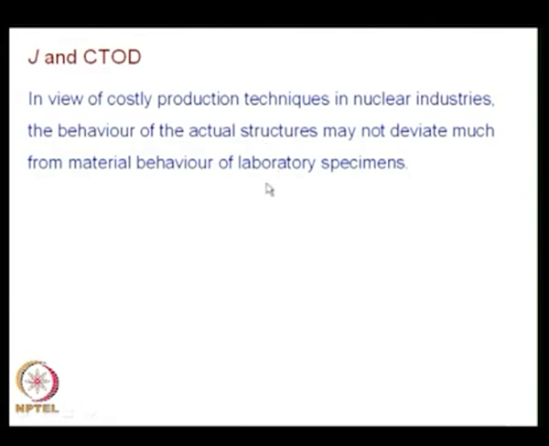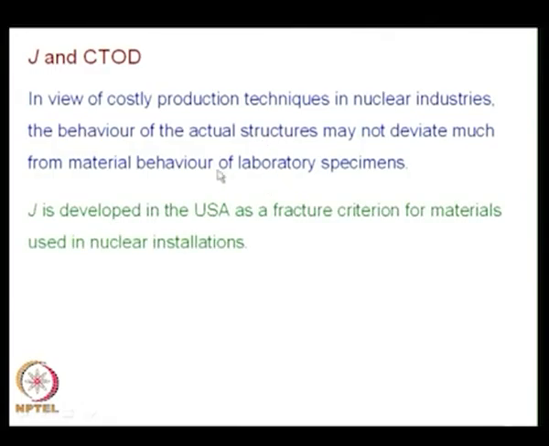So, if I take a sample and test, whatever results I get could be dependably used for actual structures. So, J is developed in the US as a fracture criterion for materials used in nuclear installations.